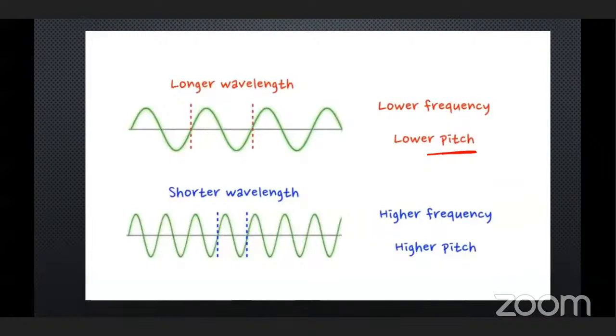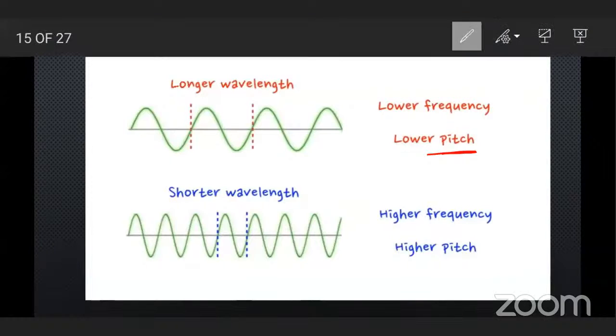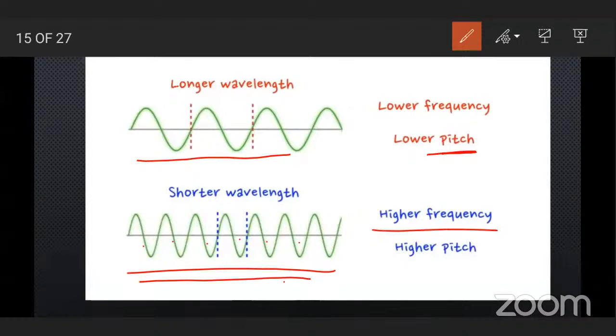This is in inverse proportion. Here in 1 second, 1, 2, 3 oscillations completed, and here in 1 second, 1, 2, 3, 4, 5, 6, 7 oscillations completed. So if the wavelength is shorter, the frequency is higher, and if the wavelength is longer, the frequency is lower.